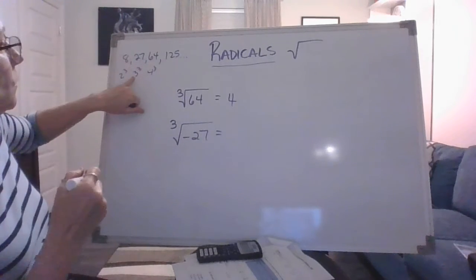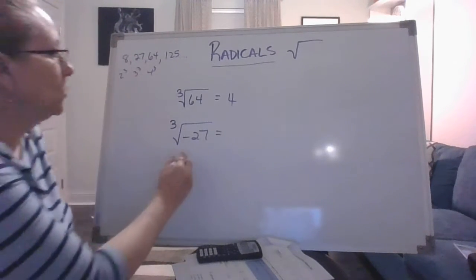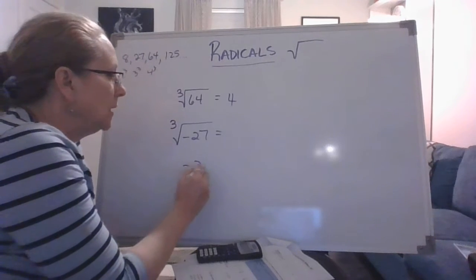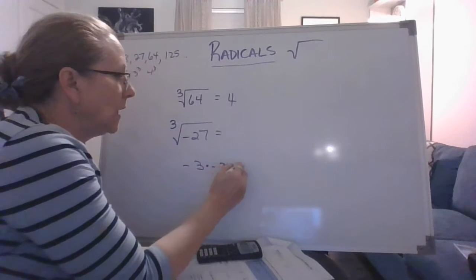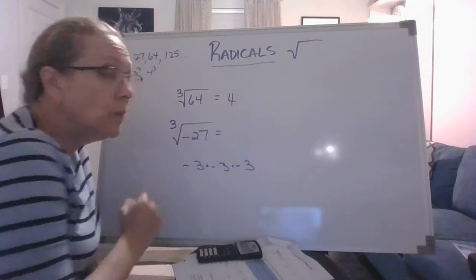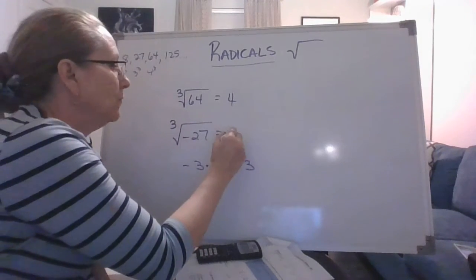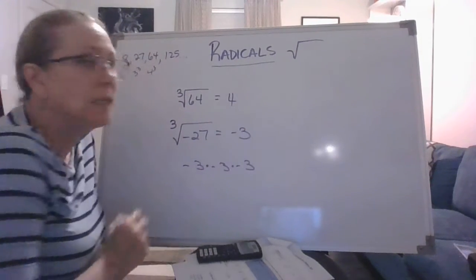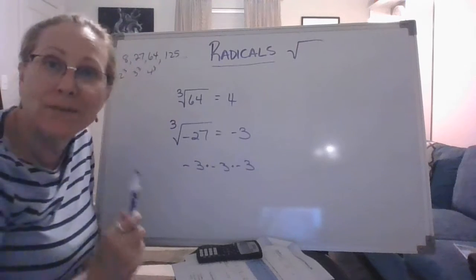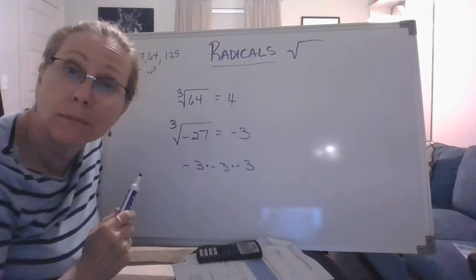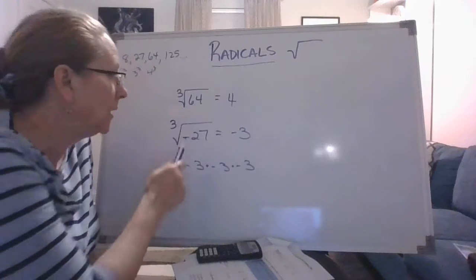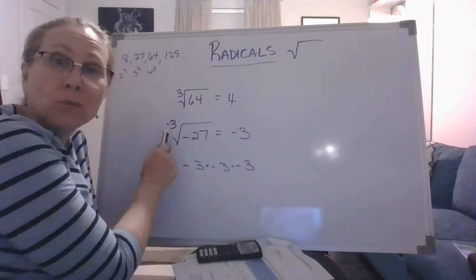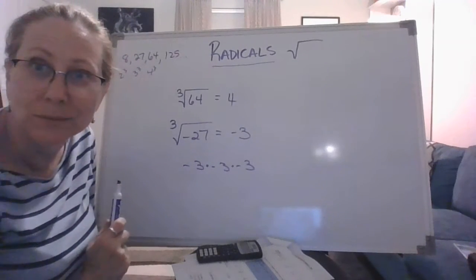So the cube root of 27 we know is 3, and negative 3 times negative 3 times negative 3 is negative 27. So you cannot have a negative square root. An even root cannot have a negative, but an odd root can have a negative.